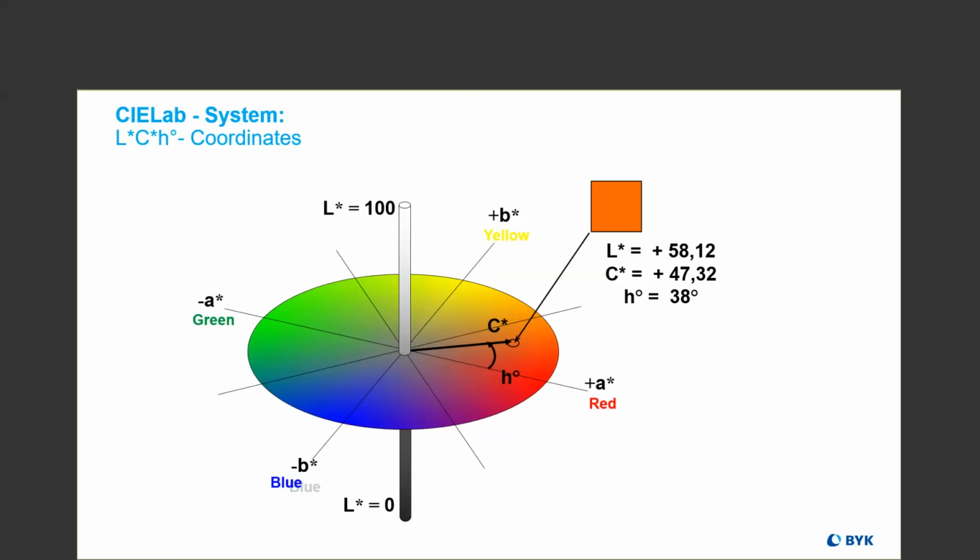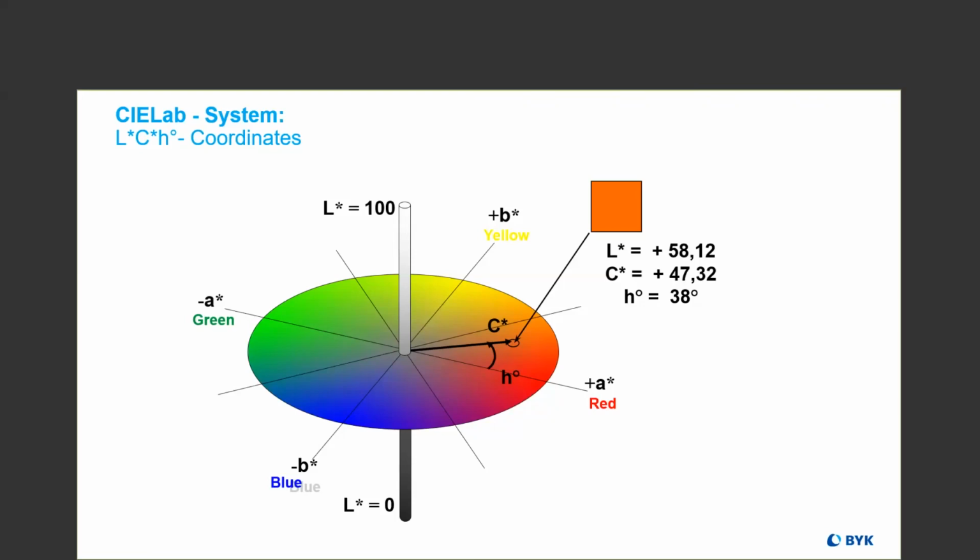And then you count up as you go counterclockwise. So the positive B-axis has a hue angle of 90 degrees. The negative A-axis is 180. Negative B-axis is 270. And then you get all the way back up to 359.9, which would be, again, a red. So you can describe any color on this color wheel by that hue angle.